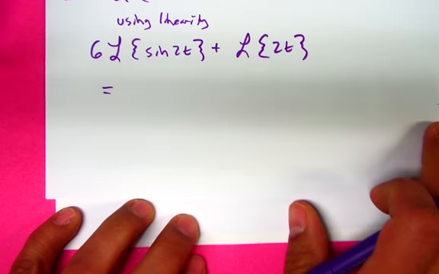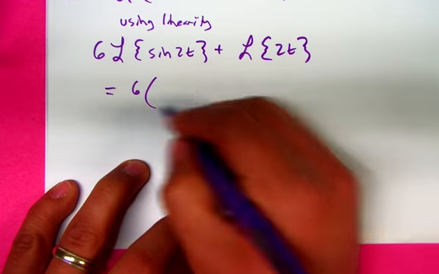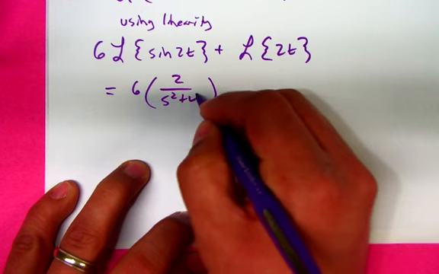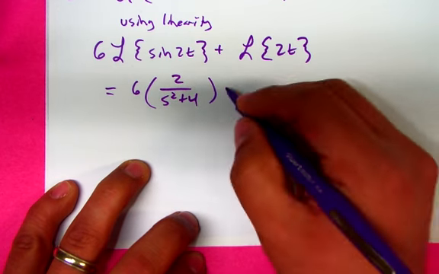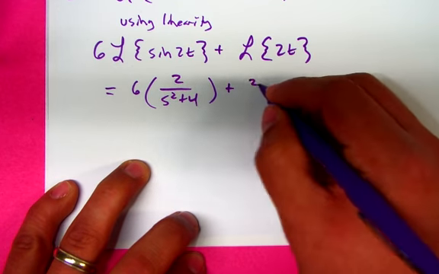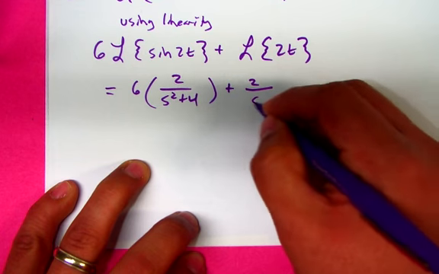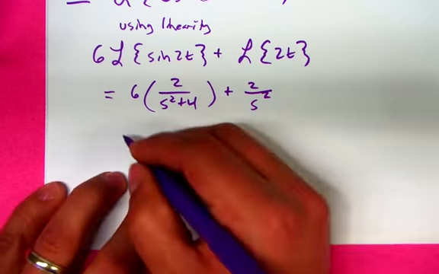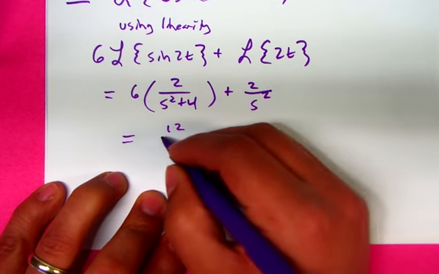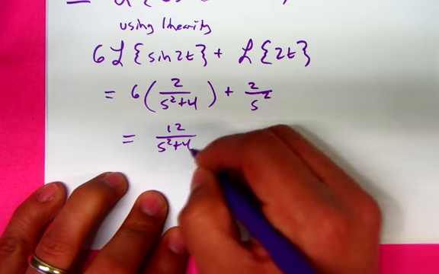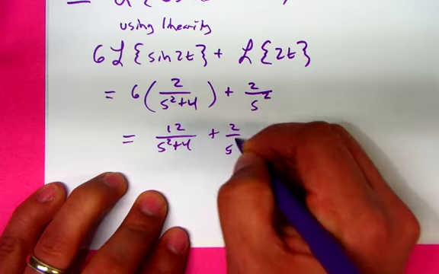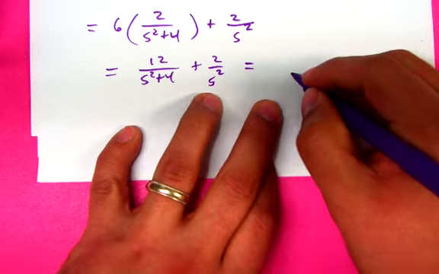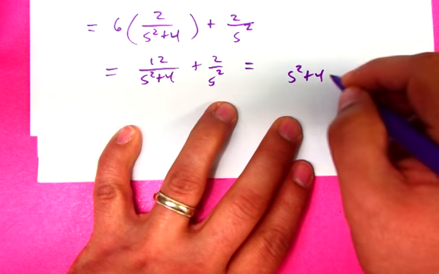So then we get 6 times 2 over s squared plus 4 plus 2 over s squared. These are the formulas we obtained earlier. So let's clean it up. 12 over s squared plus 4 plus 2 over s squared. Common denominator. Can you just leave it at that? Well, you could.